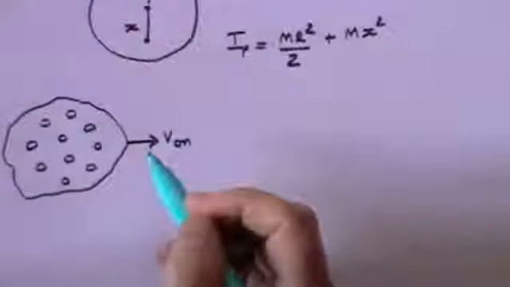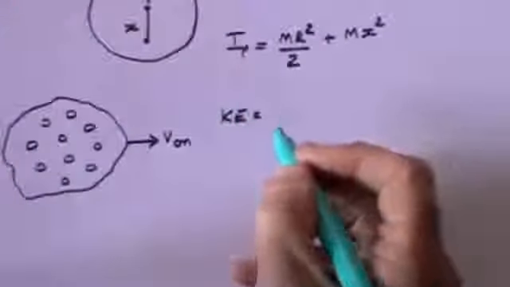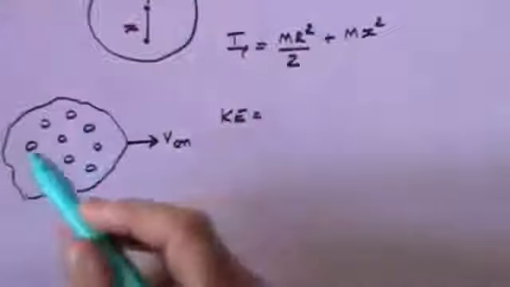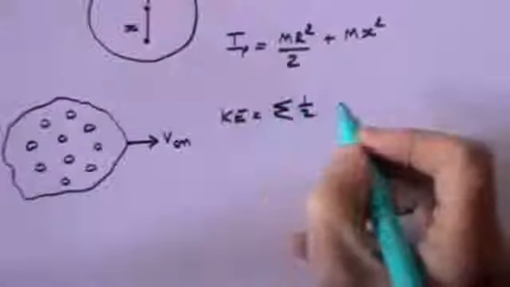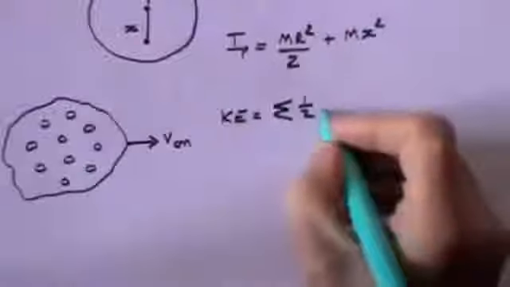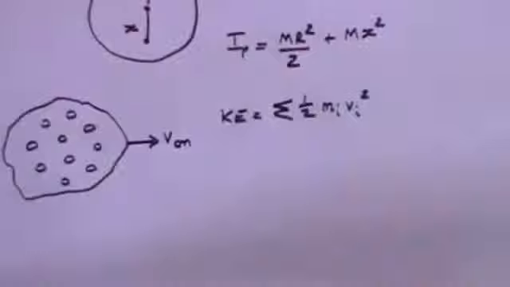What is the kinetic energy of that body? Well, the kinetic energy will be the sum of the energies of all these individual masses. So we have to sum half mv squared for each of the masses. So it's half mi times vi squared.